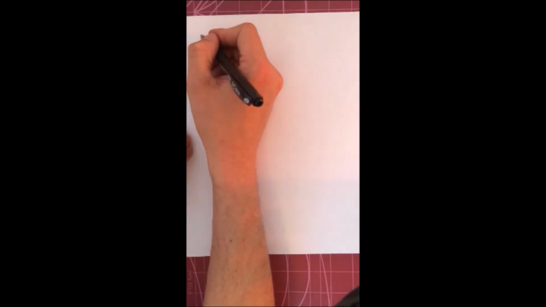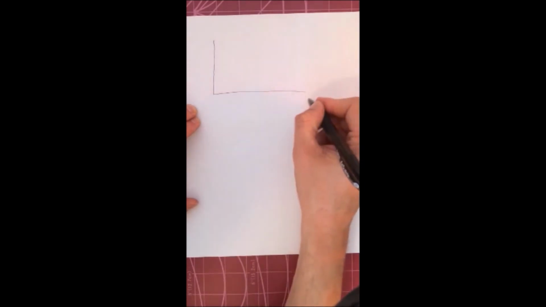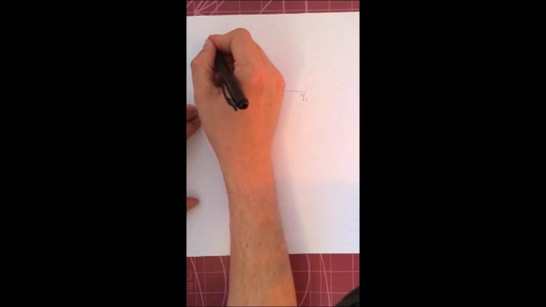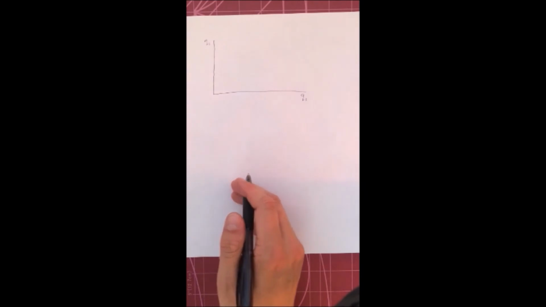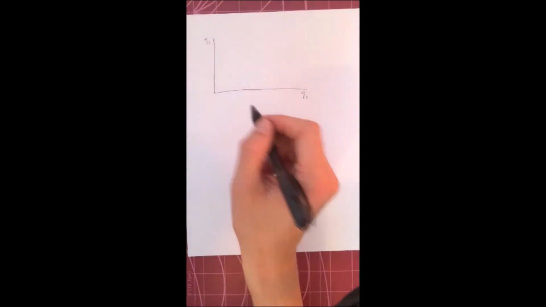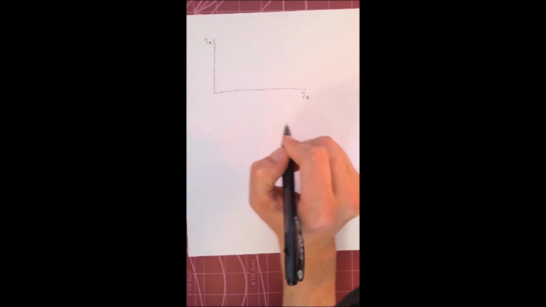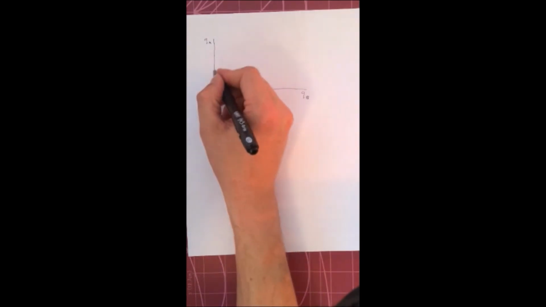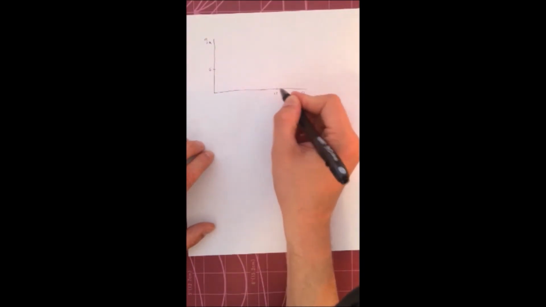Okay, so output of firm B, output of firm A. So I'm looking at my reaction functions here. I know this is going to be A, this is B. I know that if QB is equal to 0, then this is going to be 6. And if QA equals 0, that's going to be 12.